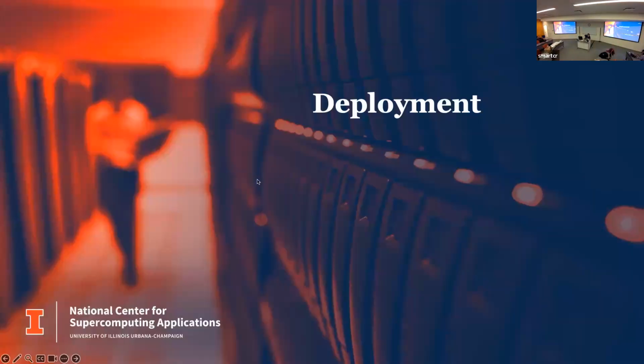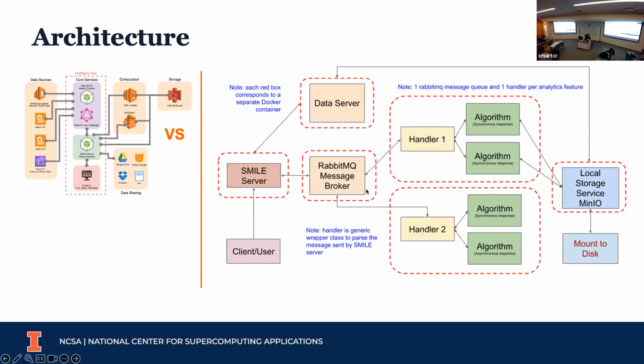And this is about deployment. Smile has been a long-going project, so it actually goes through several iterations. On the left is our past architecture. As you can see, we leverage a lot of AWS, and we also use HubZero, which is an NSF-funded science gateway.